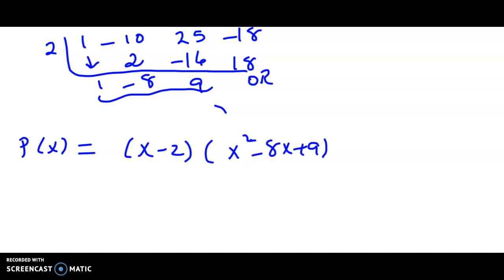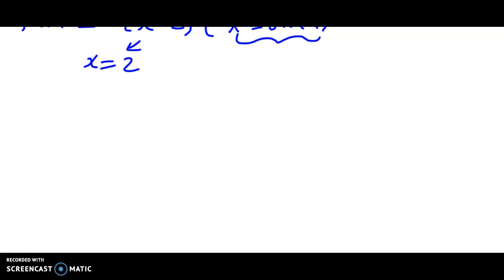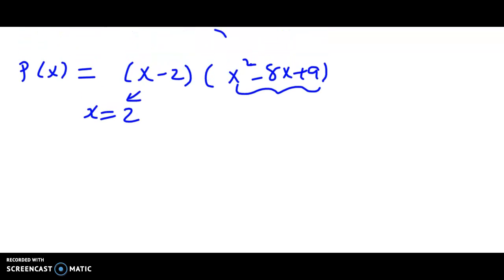Now, I know that x equals 2 works, but this trinomial cannot be factored using product and sum. So we have to think about what's another way to solve a quadratic. And from a previous course, you remember that you can solve a quadratic using the quadratic formula.